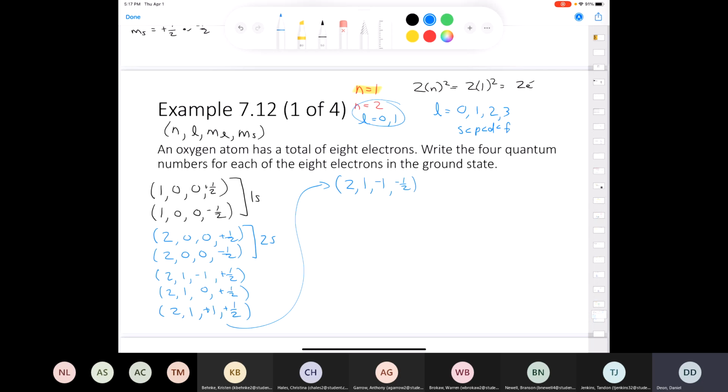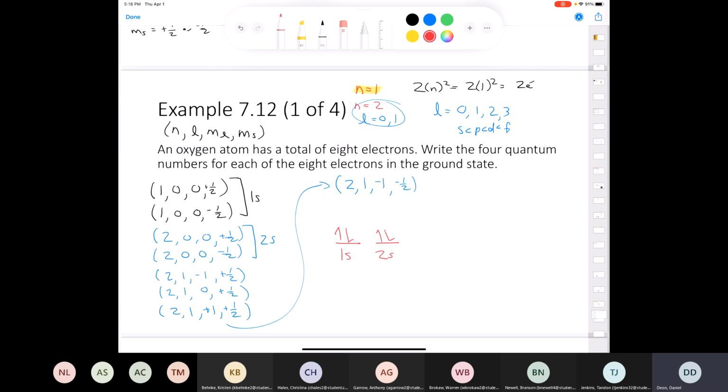What I'm doing is, remember that when you have a 1s orbital, there's only one type of s orbital, right? It's going to hold 2 electrons. 1, 2. That's represented by these 2 sets of quantum numbers here. When I have a 2s orbital, there's only one type of s orbital, right? You can't move a sphere in any other direction. So I have 1, 2 electrons here.